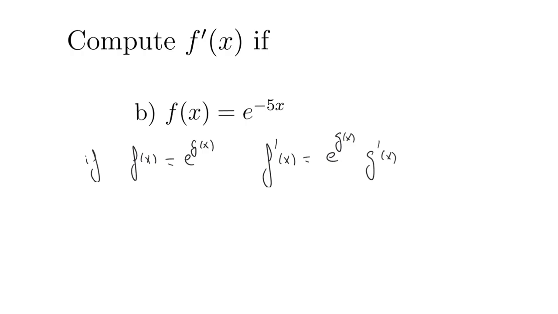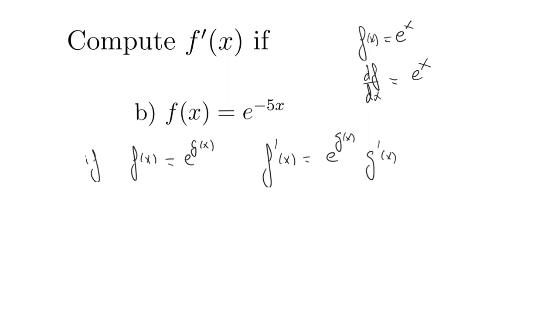The next question is compute again another derivative. When you have a derivative that is e to the x, it is a nice function. When f of x is e to the x, the derivative of f of x is e to the x. It is the only function where the function and the derivative are equal.